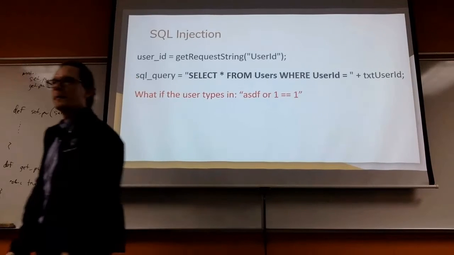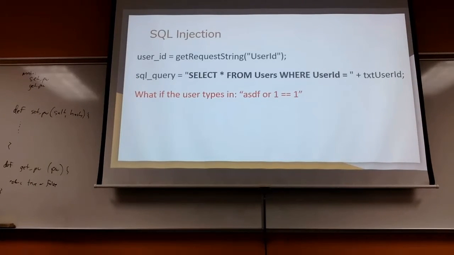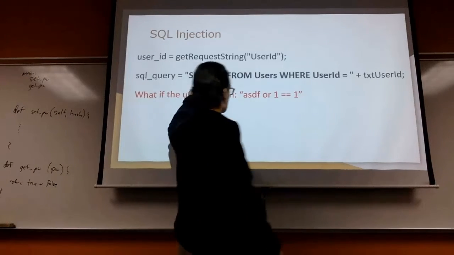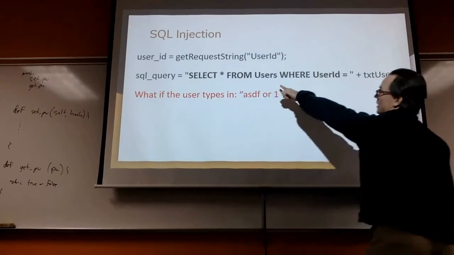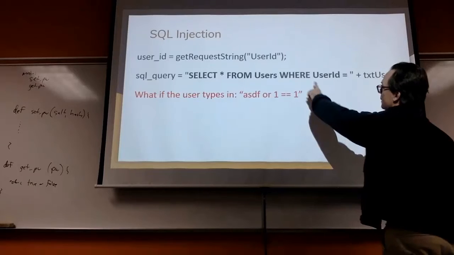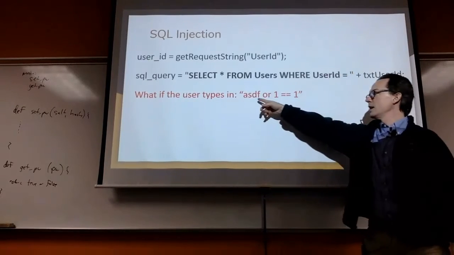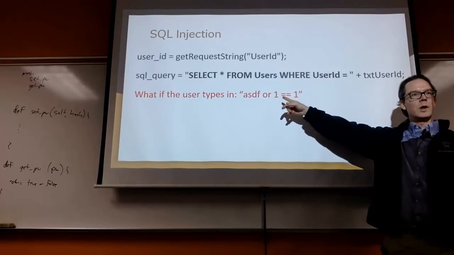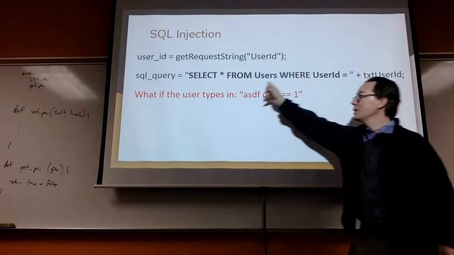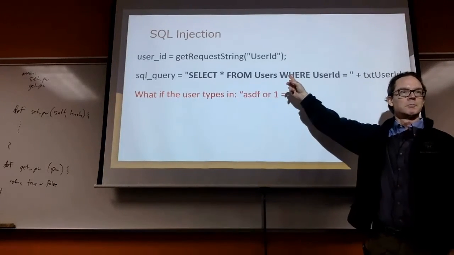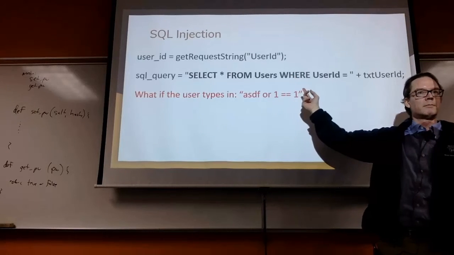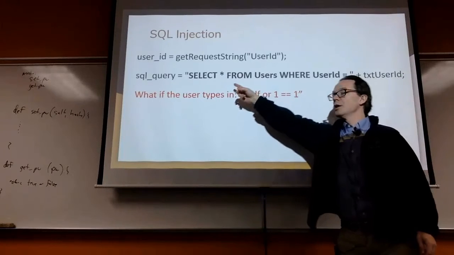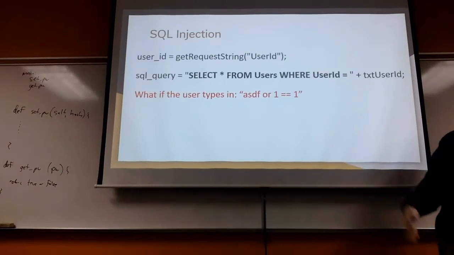What would you get back? Everything. You would get everything back. The logic says select everything from the users table where user ID equals ASDF, nothing, or 1 equals 1. On every single row in this table, 1 equals 1. This is always true. So it's going to return every single row from that table.